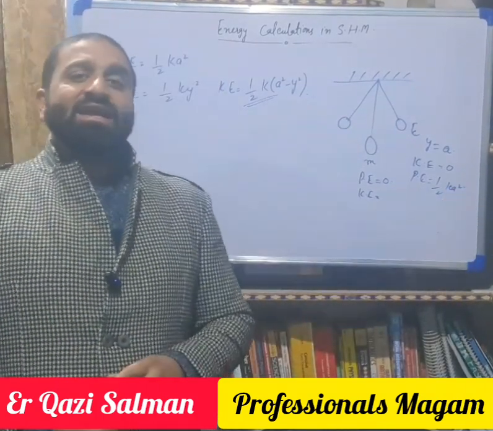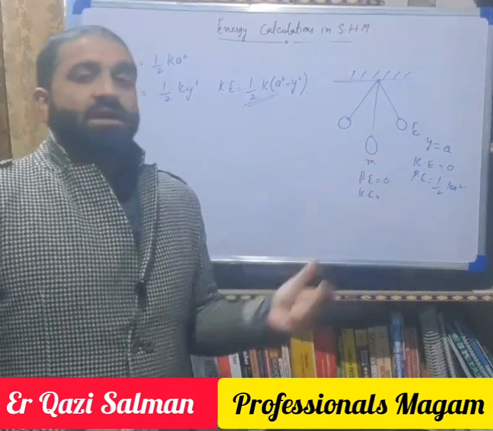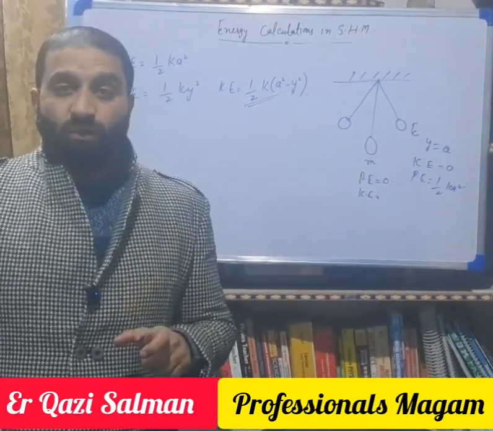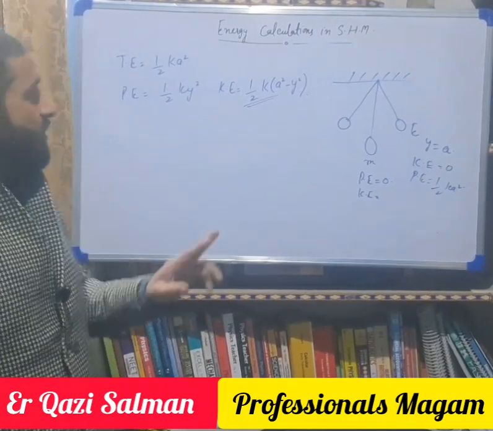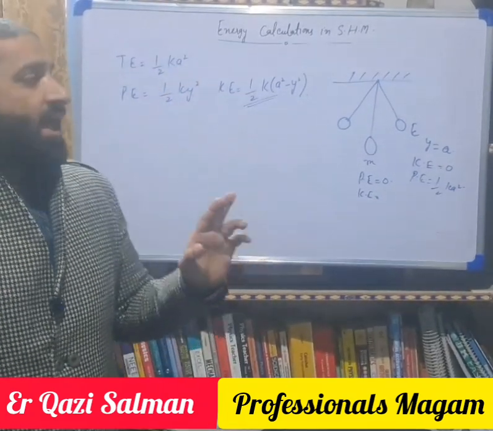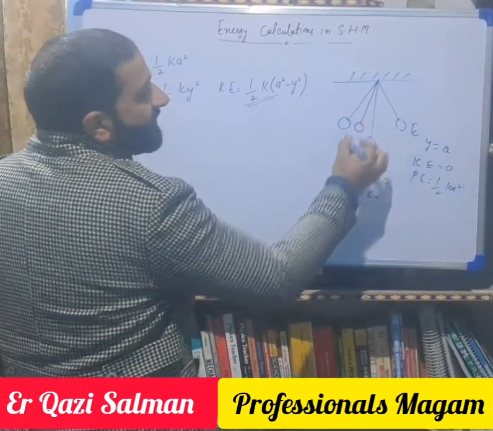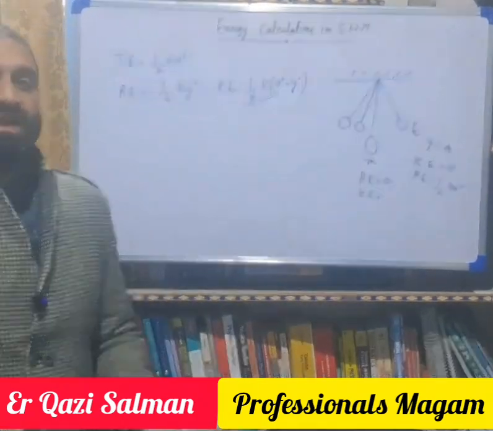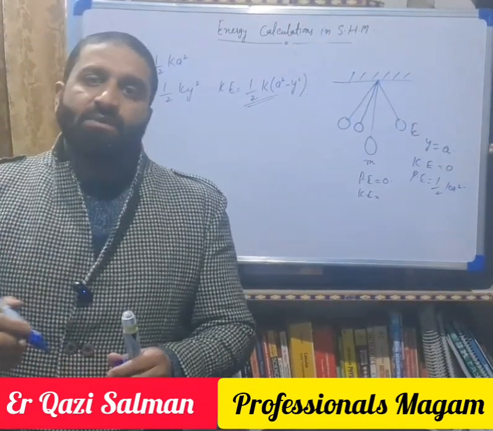The total energy at the extreme position is wholly and solely potential, and total energy at the mean position is wholly and solely kinetic. But the value is never less or more than the total energy, that is 1/2 K A². If we take a displacement between the mean and extreme position, the energy will be partially kinetic and partially potential.